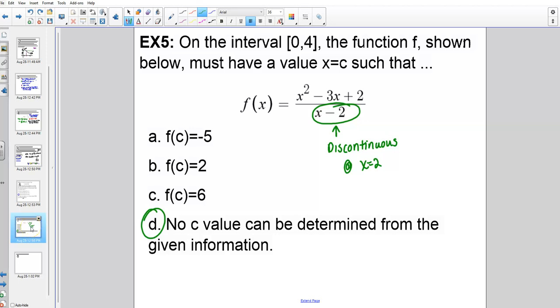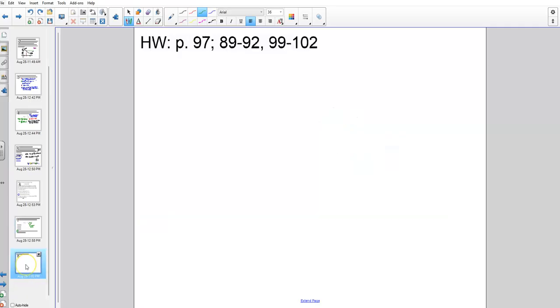Okay, questions? All right, we have about 10 minutes, so you can get started on this right here. On page 97, you are going to do 89 through 92.